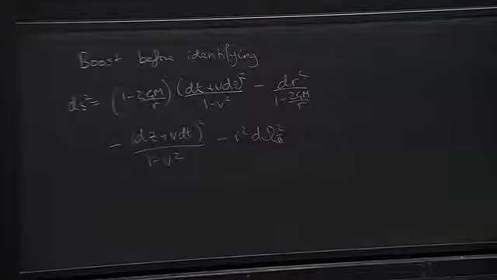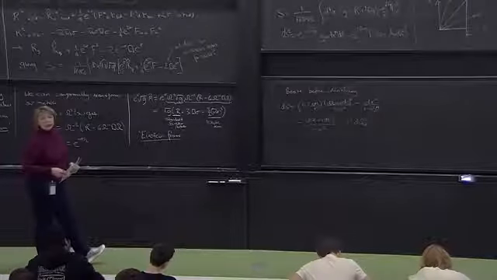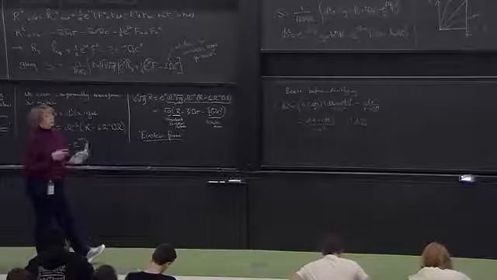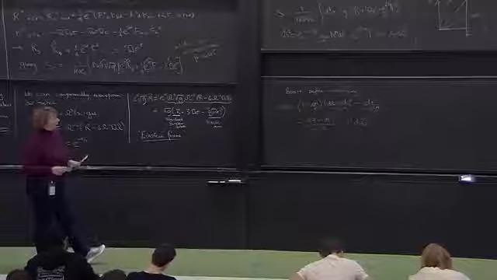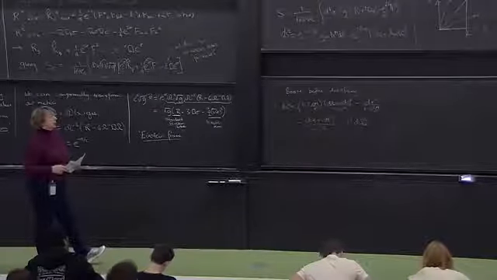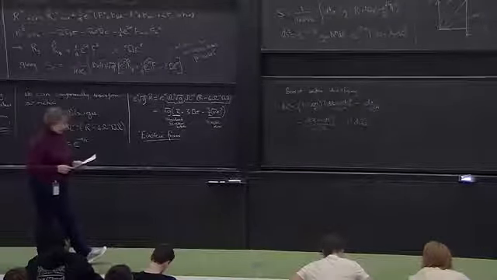So if we boost before identifying, all I do is replace a sort of Lorentz or inverse Lorentz expression in, replace t with gamma dt plus v dz, and replace dz with gamma dz plus v dt.